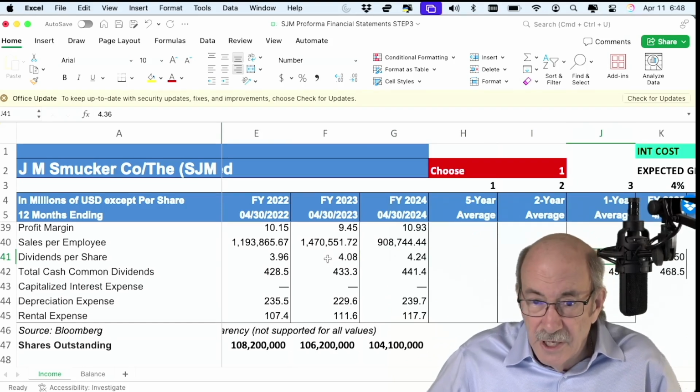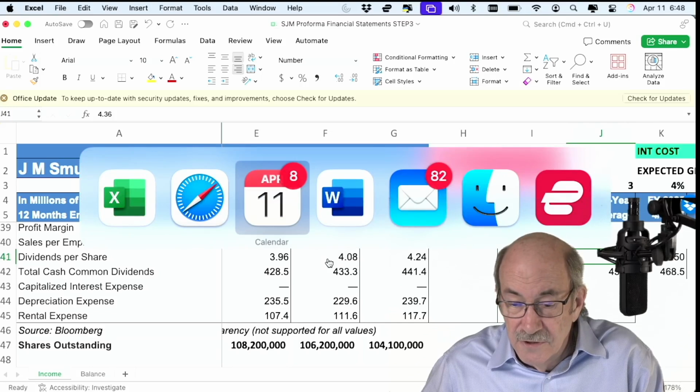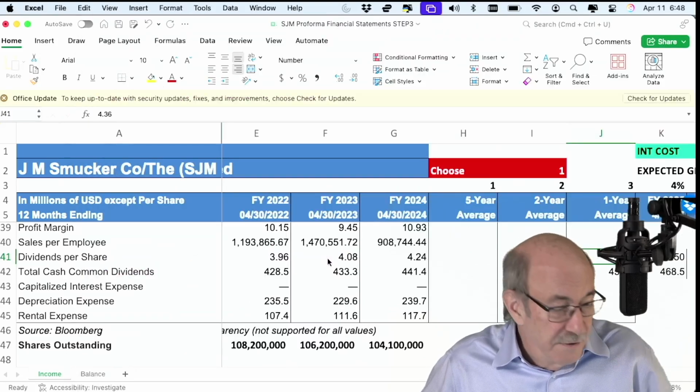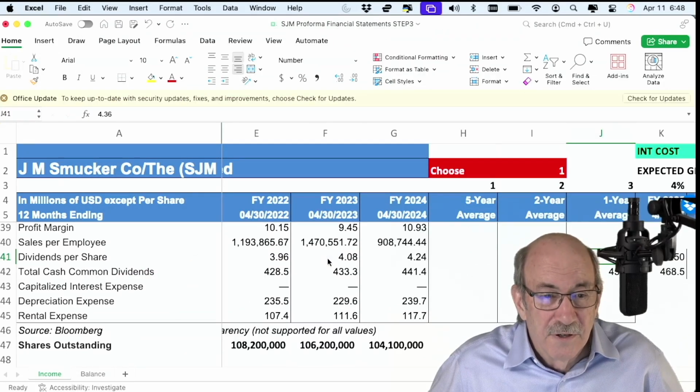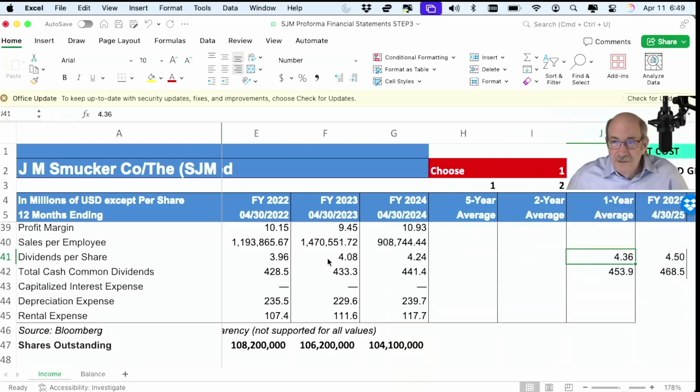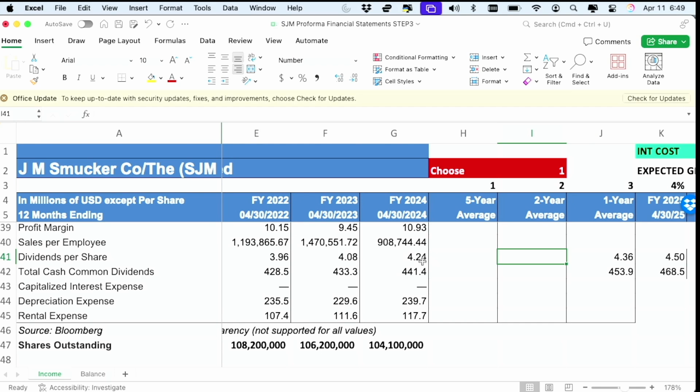Sorry, let me get out of the way here. There, now you can see this. Since this is the most recent announced dividend, $4.24, I chose to increase at 12 cents. So I went to $4.36.